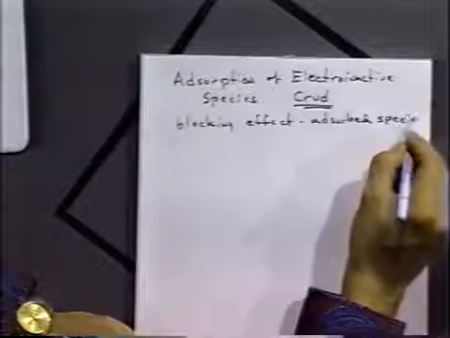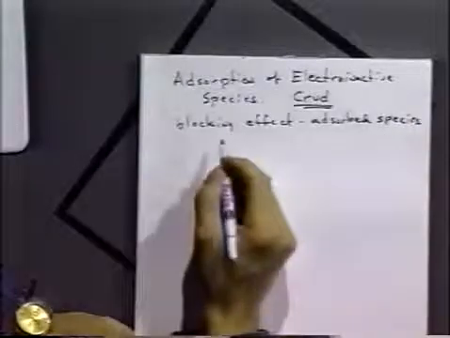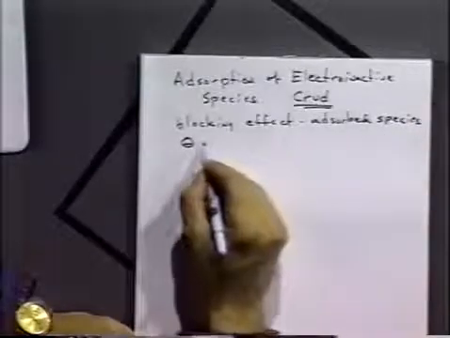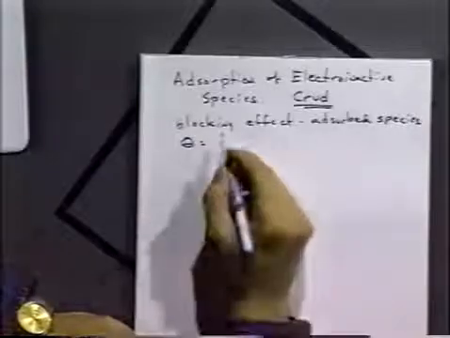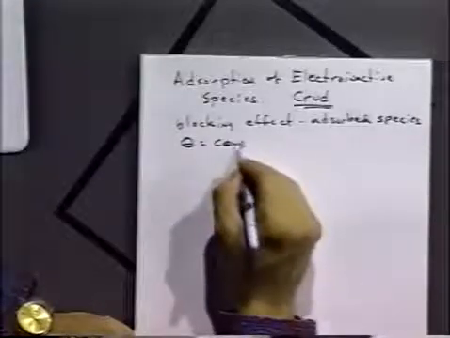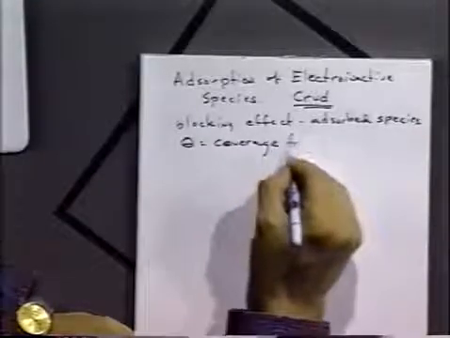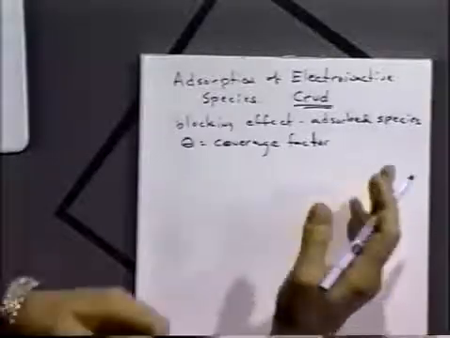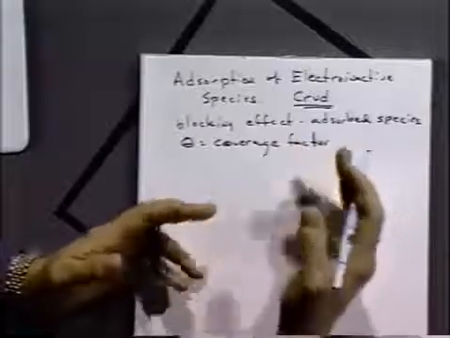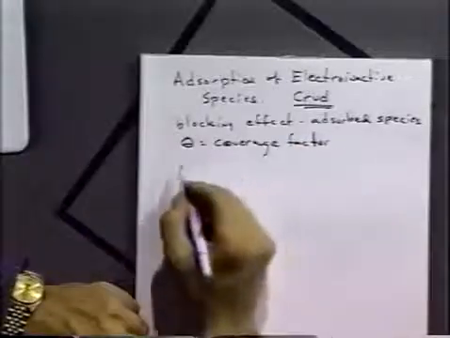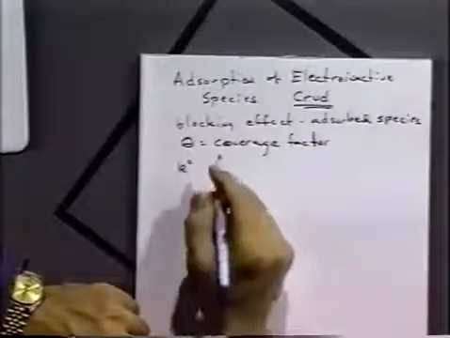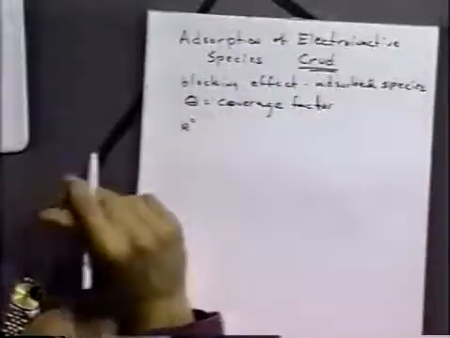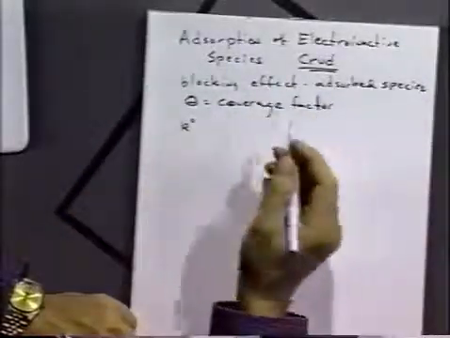Now, generally, you can try to model this blocking effect of the adsorbed species. One way that people have done it is to define a coverage factor. Again, our favorite Greek letter theta is used, and theta would just be the fraction that would be covered by your adsorbates. And so you could say, well, my K0, the rate constant at that adsorbed electrode, is going to be different than what would be otherwise.